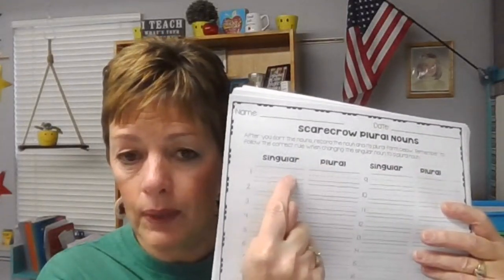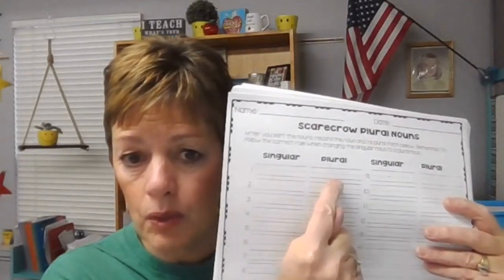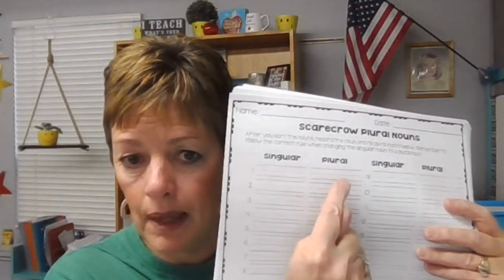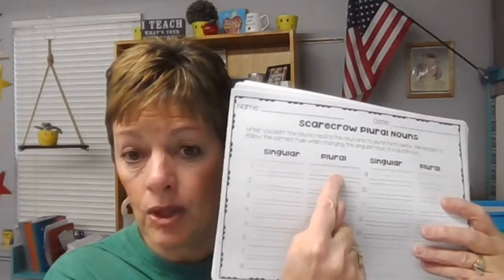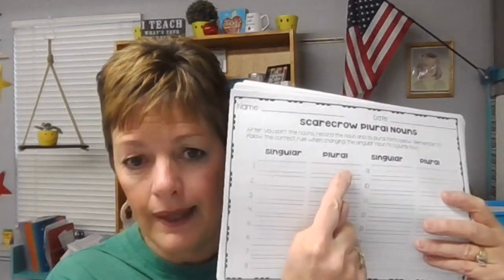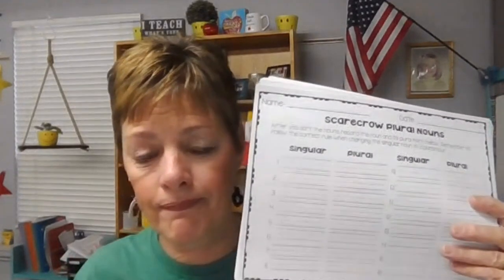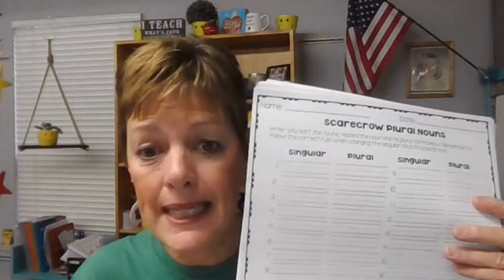This says plural, more than one. So we already talked about if a Y is by a consonant, you have to change the Y to I and add ES. So you're going to have P, U, P, P, but then you're going to change the Y to an I and then add ES. So now you have puppies.